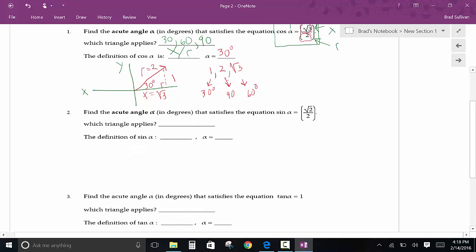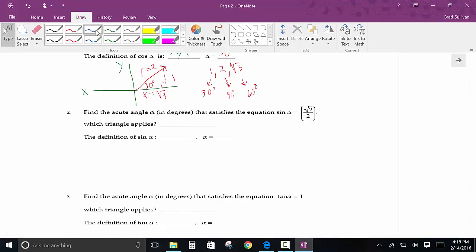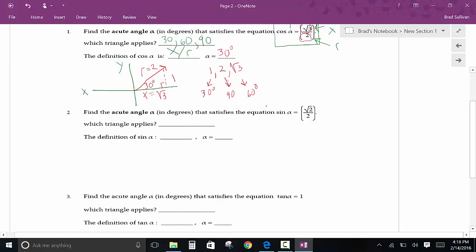Okay, the next problem we're going to look at in a very similar way. Again, on this one, I've given you the sine of angle alpha is square root of 2 over 2. So what we're trying to do now is find an angle alpha.